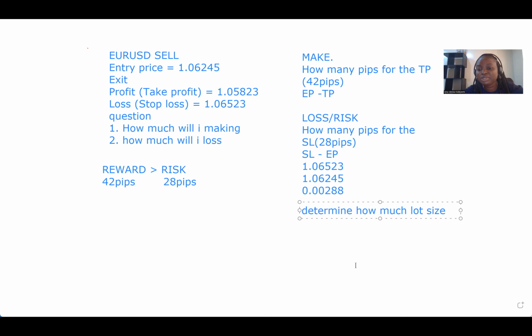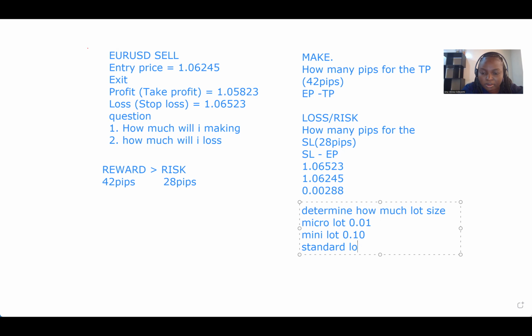Now, how to determine the risk is lot size. So we'll be using the lot size. We'll be using 3 examples: a micro lot of 0.01, a mini lot of 0.10, and a standard lot of 1.0.